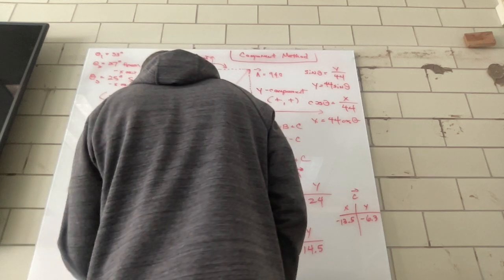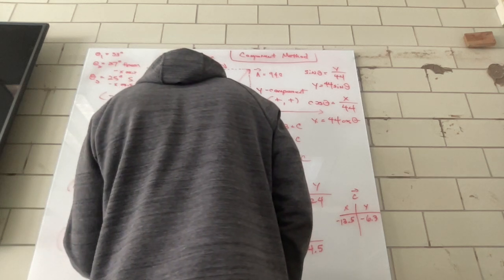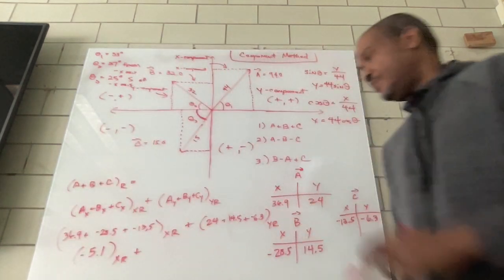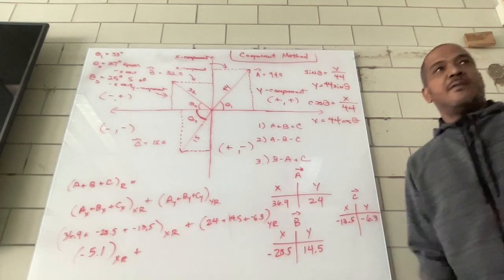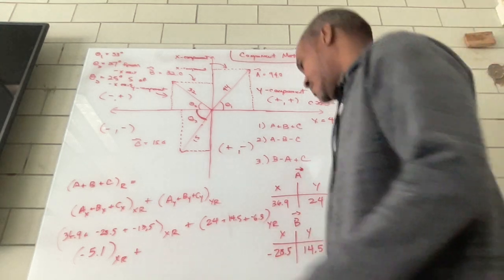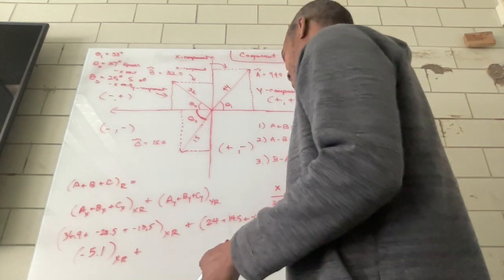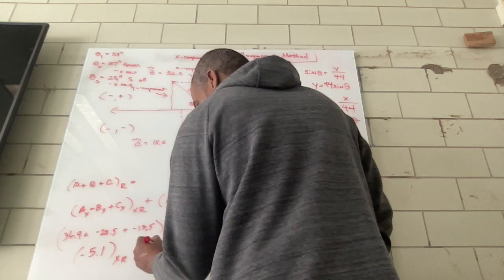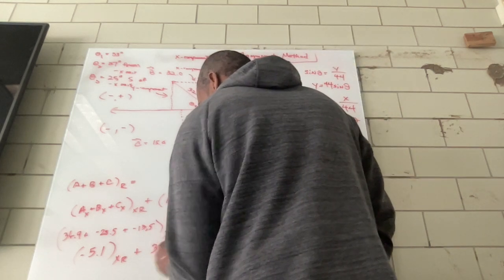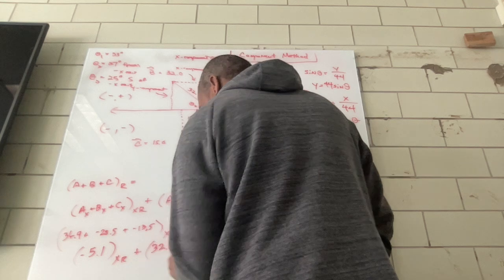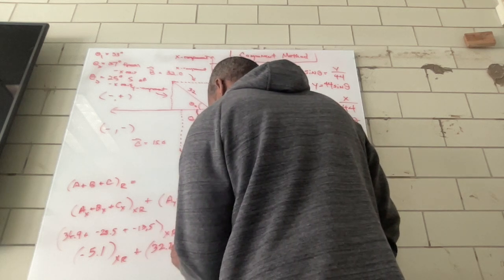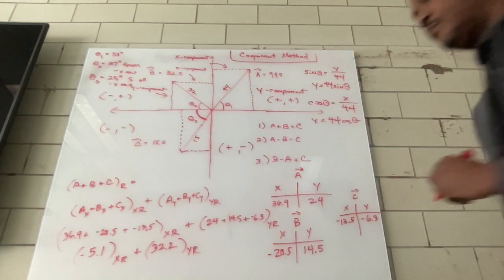That's my X component of my resultant vector. Plus, what's this? 32.2. And that's my Y component of my resultant vector.